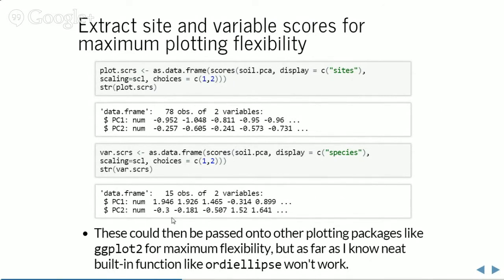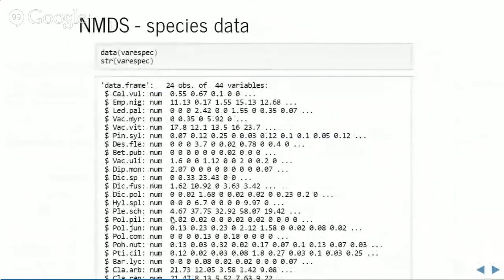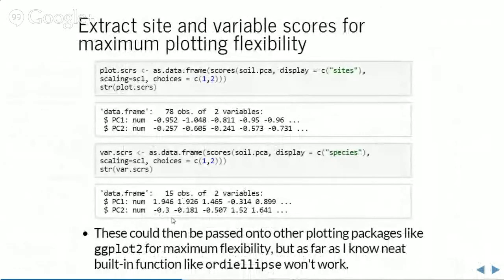But the downside of doing that is that these built-in functions like ordiellipse aren't going to work, as far as I know, in those other graphing packages. So it's a trade-off depending on how much flexibility you want. All right, so any questions on PCA or the plotting or anything like that?